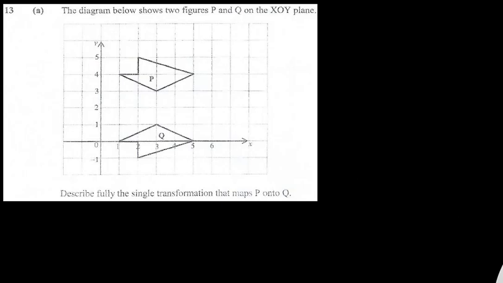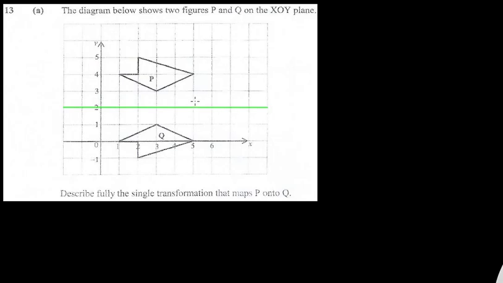At y equals 2, this point, we have a mirror line, and what is happening is that we have a reflection of P down there, because this shape is simply being reflected down there, and this is acting as a mirror line.